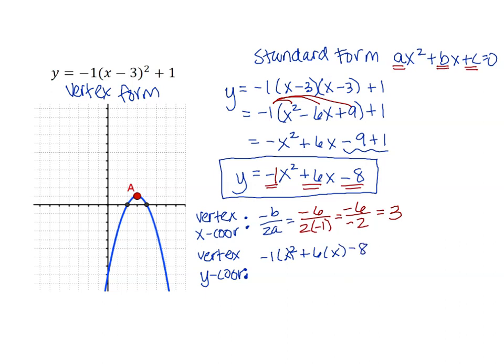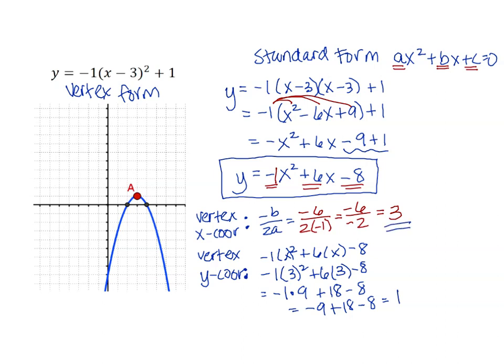Now I just put the parentheses in because it helps when you substitute to have parentheses. But I'm going to plug that 3 right in for x. And I get negative 1 times 9 plus 18 minus 8. That gives me negative 9 plus 18 minus 8, which equals 1.